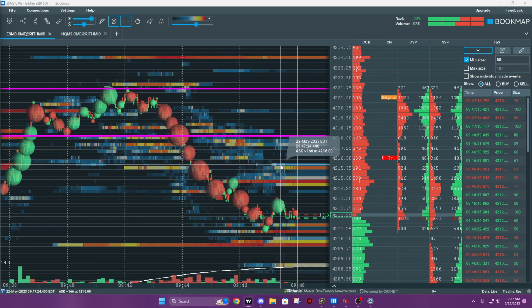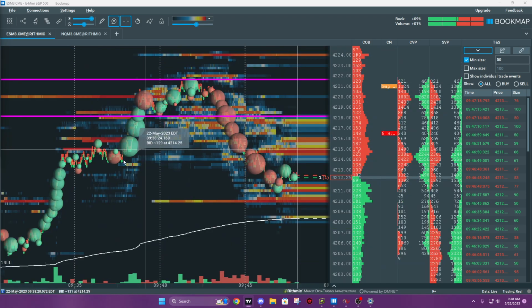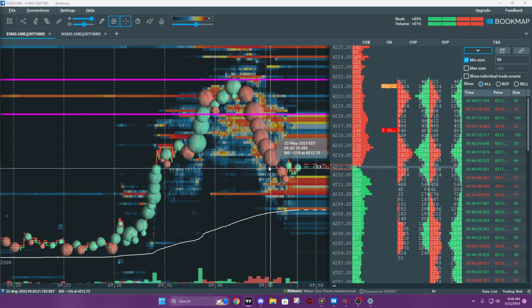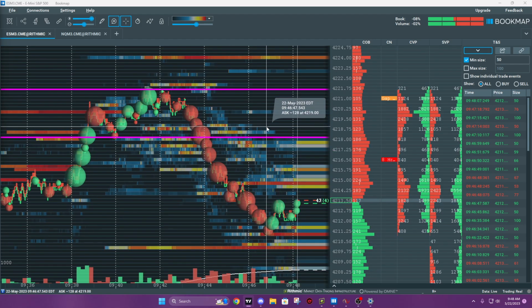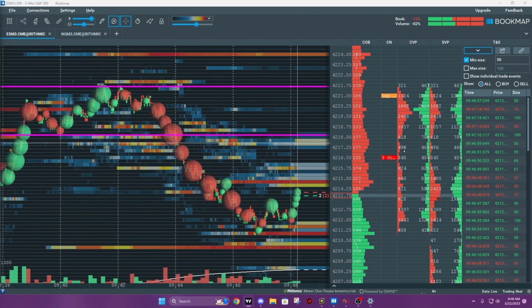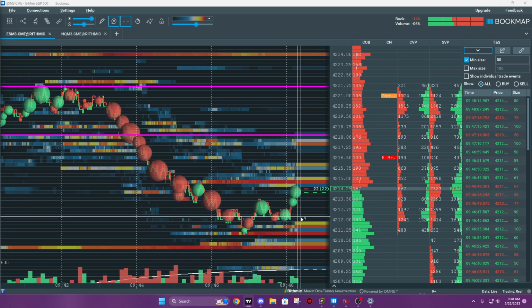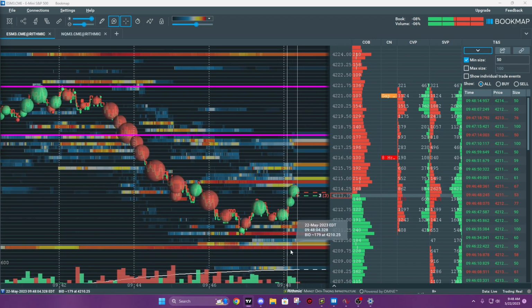So if you get a good trending move, I like to wait for Bookmap to give me a trend like this, right? And that's an easy trend mode. Regression's a little harder in this market right now. You can see a lot of buying coming in off of that derived zone, right? A lot of orders were sitting at these derived zones.